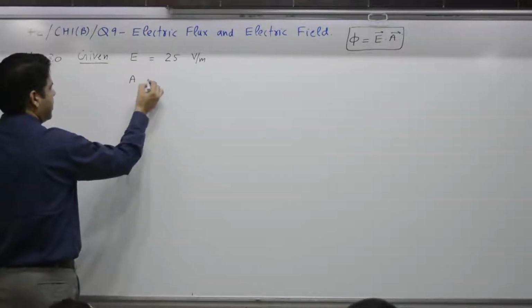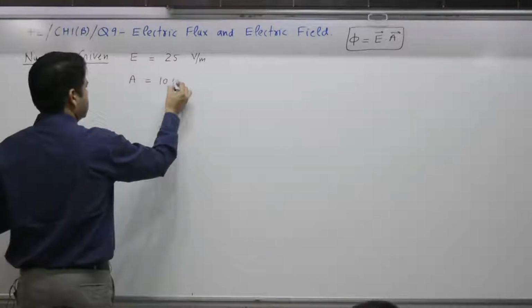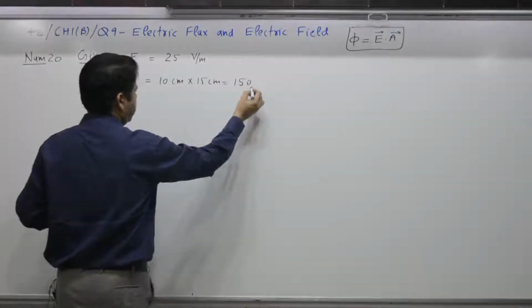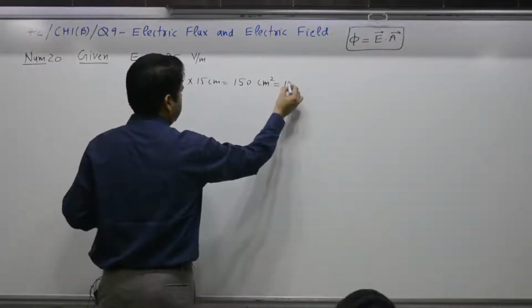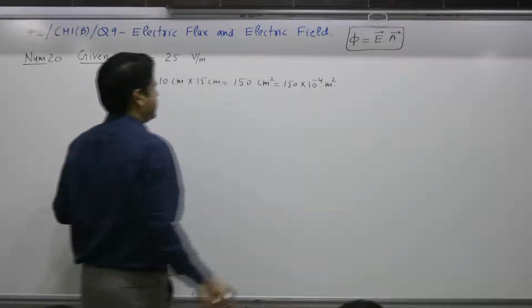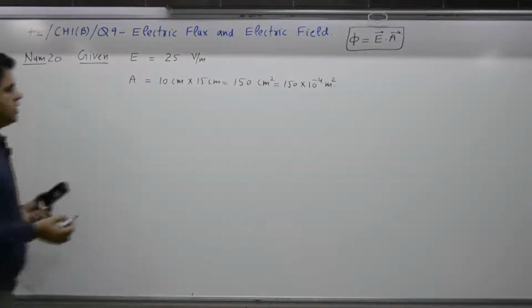Area. Yes. Area rectangular surface 10 centimeter by 15 centimeter, 150 centimeter square, 150 into 10 raised to the power minus 4 meter square. Angle between the two.